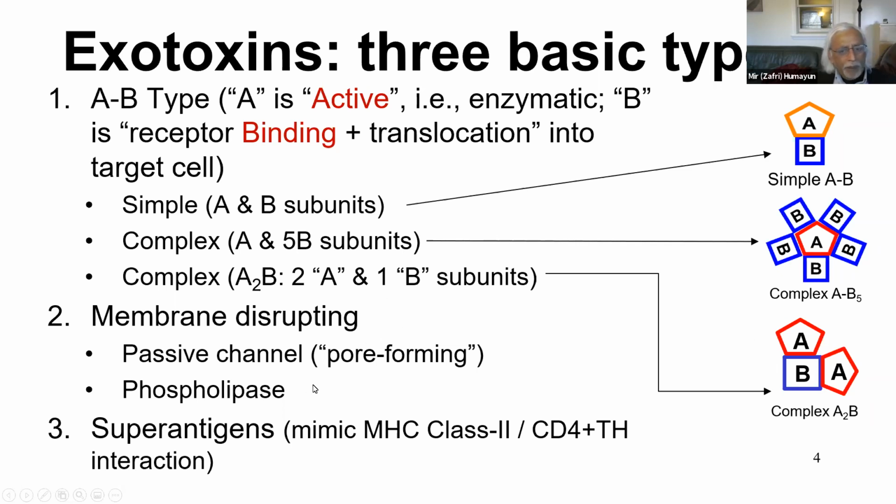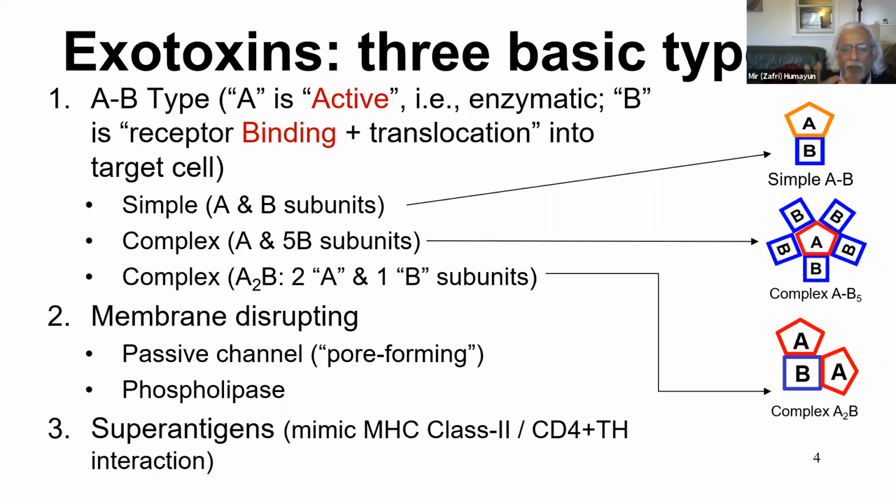Okay? There are two types of membrane disrupting exotoxin. One type is a passive channel. So this exotoxin simply inserts itself into the membrane of a host cell and creates a channel. You might want to call it an illegal portal that will allow the escape of ions into the environment and the influx of water into the cell. Right?